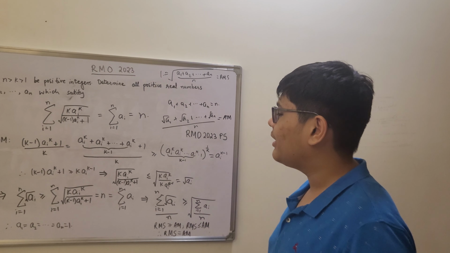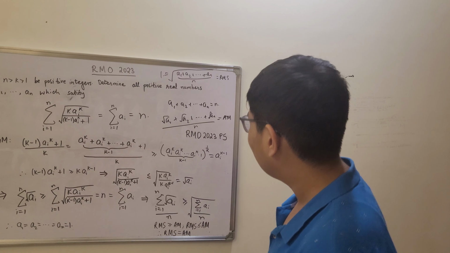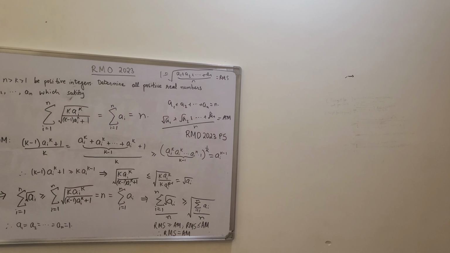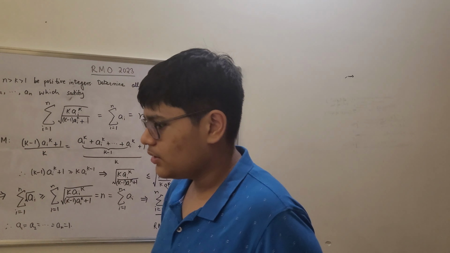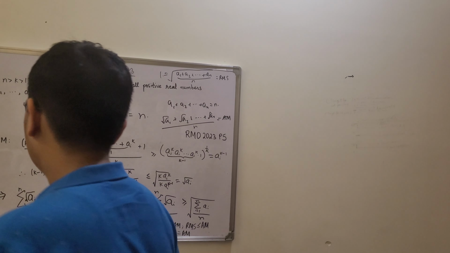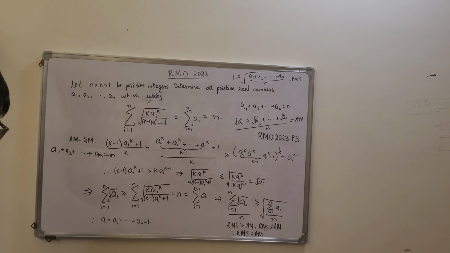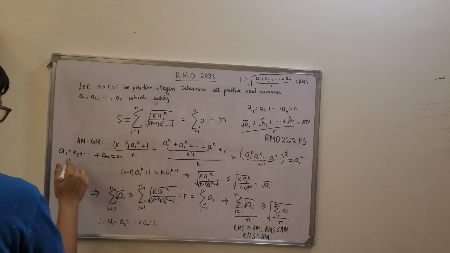So if you like to think what the actual inequality should be, the condition that they want, if you want to mold this into an inequality question, what we can do is write it like this. In RMO what they usually do is that they give a1 plus a2 plus so on till an is equal to n, and the summation of this thing, I'm calling this thing s.